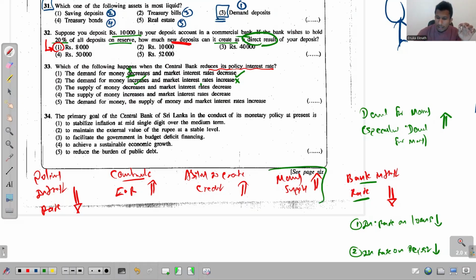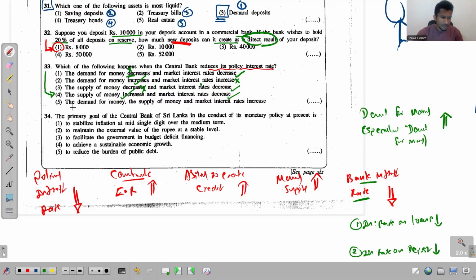No, the money supply increases. That's wrong. Then market interest rates decrease. That is true. And the fourth one, the supply of money increases. Yes, true. Market interest rates decrease. Even this is true. See, both sides are true. So the answer for this question 33 is the fourth one.